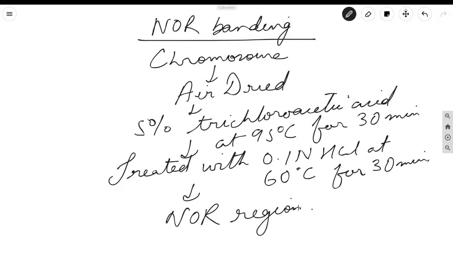It uses silver stain also sometimes that preferentially accumulates in the nucleolar organizing regions, which are the satellite DNA regions of the acrocentric chromosomes. So that is also used to know where the nucleolar organizing region is present.